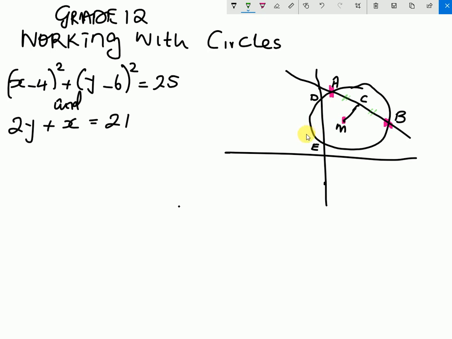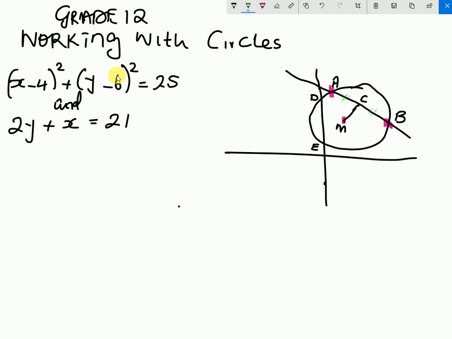All right, people. Immediately you read such a statement, you need to interpret by using the vocabulary that you have acquired previously. What is the vocabulary? This is the center.